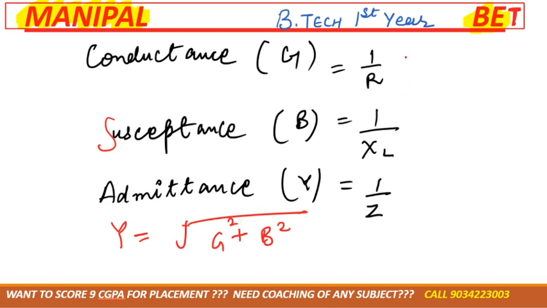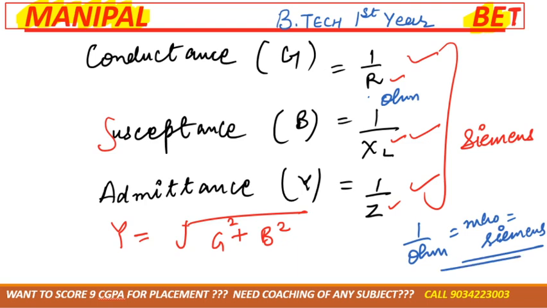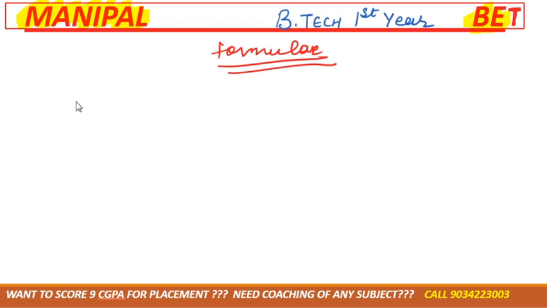Okay, the unit for conductance is this. Because resistance, inductive reactance, impedance, what is the unit? Ohms. And the opposite of ohm is mho. Remember? Got it?